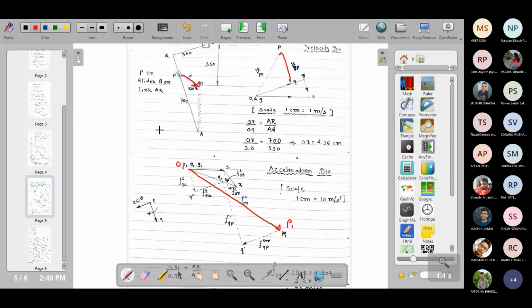Okay, so this vector, it is going downward. Now this vector I have to rotate clockwise direction by 90 degree. So this will give you the direction of the Coriolis component. I hope it is clear.